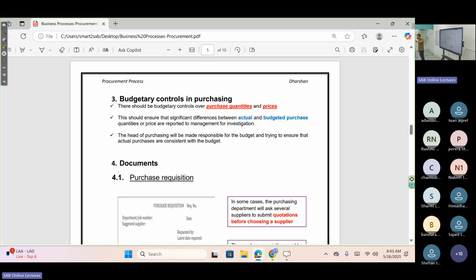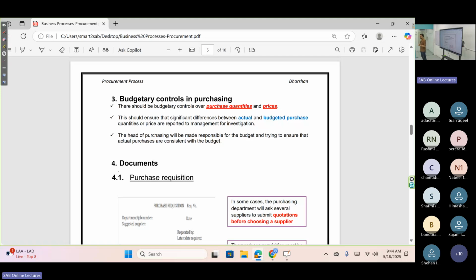So purchase quantities and prices must be observed throughout the year, and they should have a separate purchase budget. Whenever they want to purchase items, let's say raw materials, they should do so in line with that budget. That is called budgetary controls. What are the two elements of budgetary controls? One is price, another one is quantity.